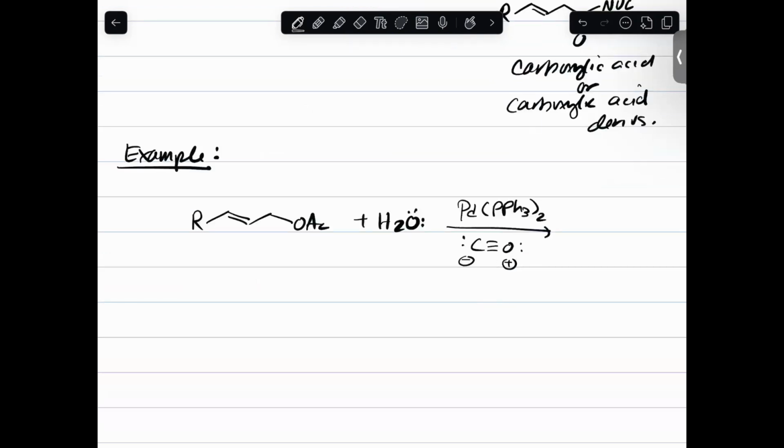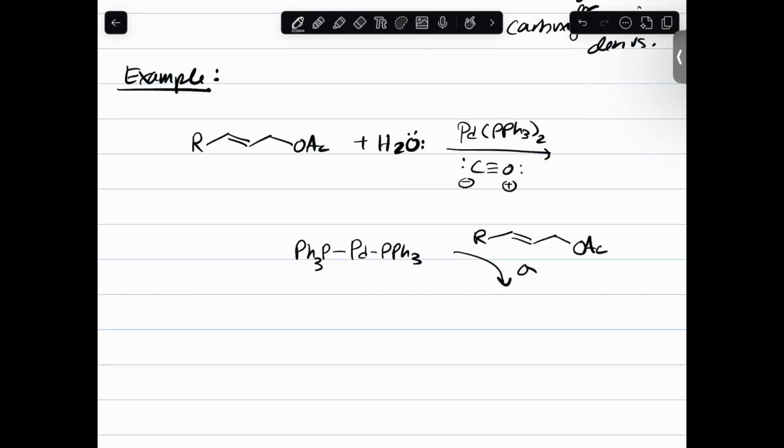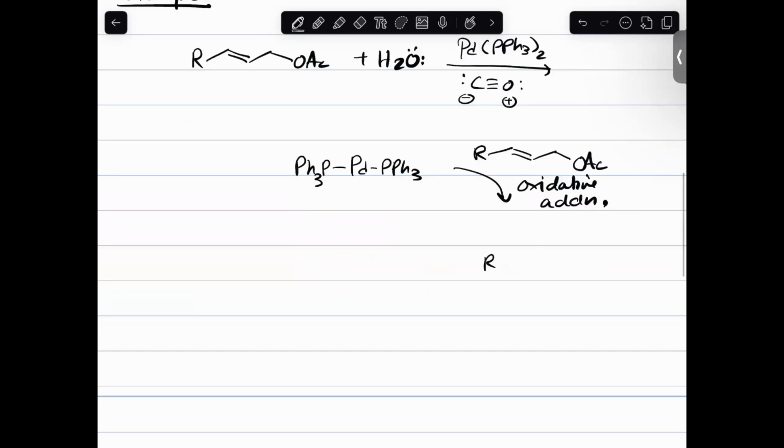And so just like before, we start with our palladium catalyst and introduce our allylic system. For our oxidative addition step, the allylic system complexes to our palladium. And let me actually move this further down.